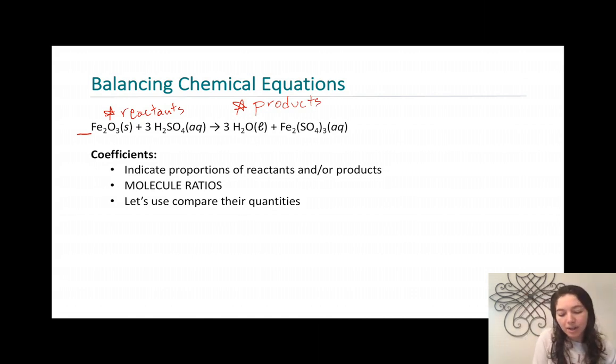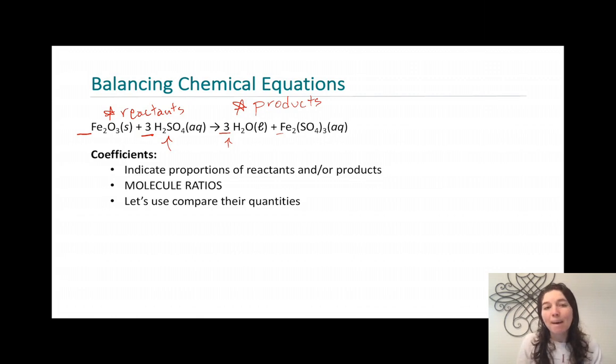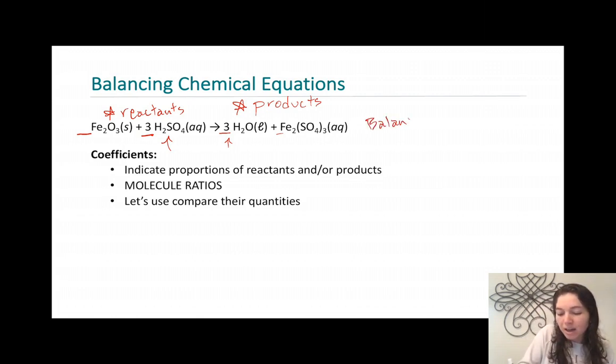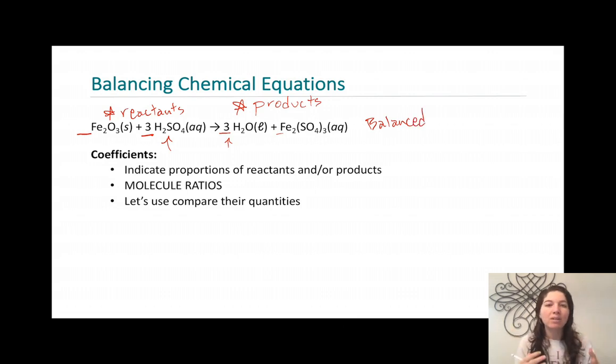And you can see that there are numbers in front of each of these molecules. There's a 3 in front of the sulfuric acid over here, and there's a 3 in front of the water over here. These other ones don't have numbers. This is a balanced chemical equation because the amounts of atoms on one side of the equation are equal to the amounts of atoms on the other side of the equation.